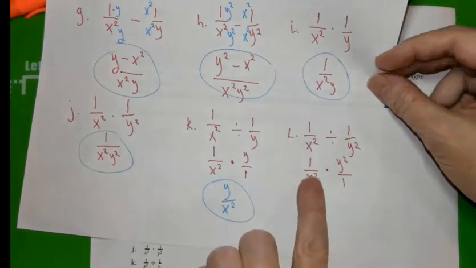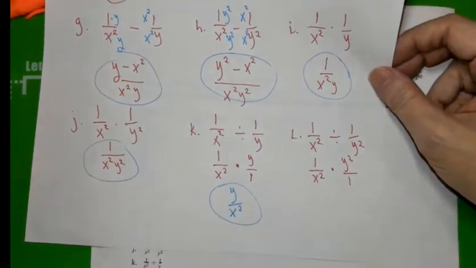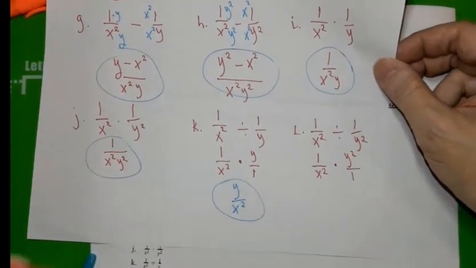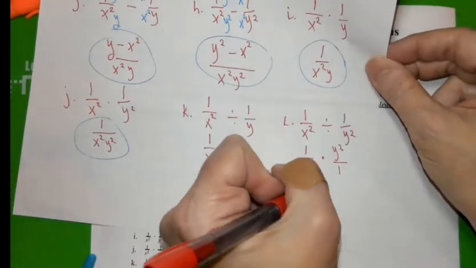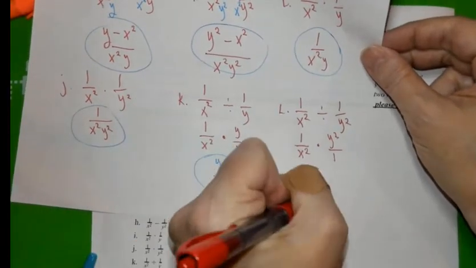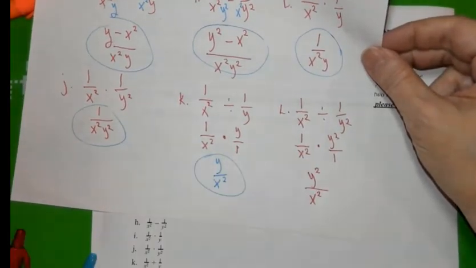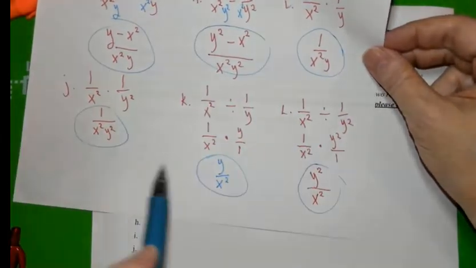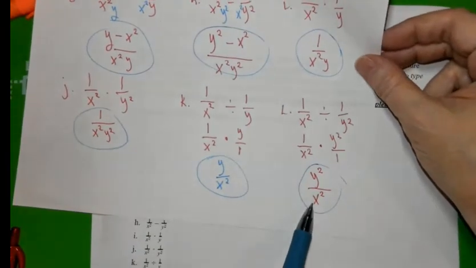There are no common factors to divide out here. We will have that in just a moment, but these are real simple. 1 times y squared is y squared, and 1 times x squared is x squared. So this is your final quotient.